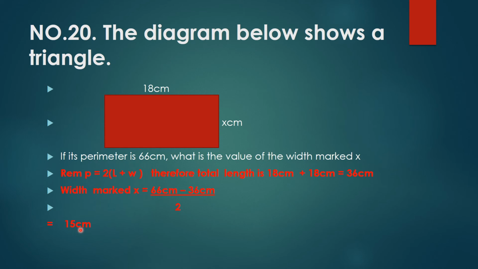So the width of that rectangle, whose length is 18 centimeters, is 15, and even you can check: if you add 18 plus 15, then multiply by 2, you will get your perimeter as 66.